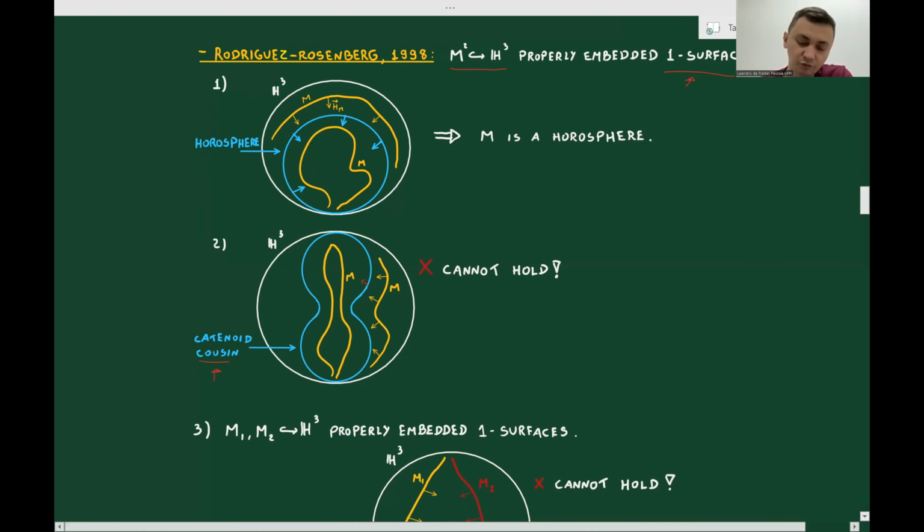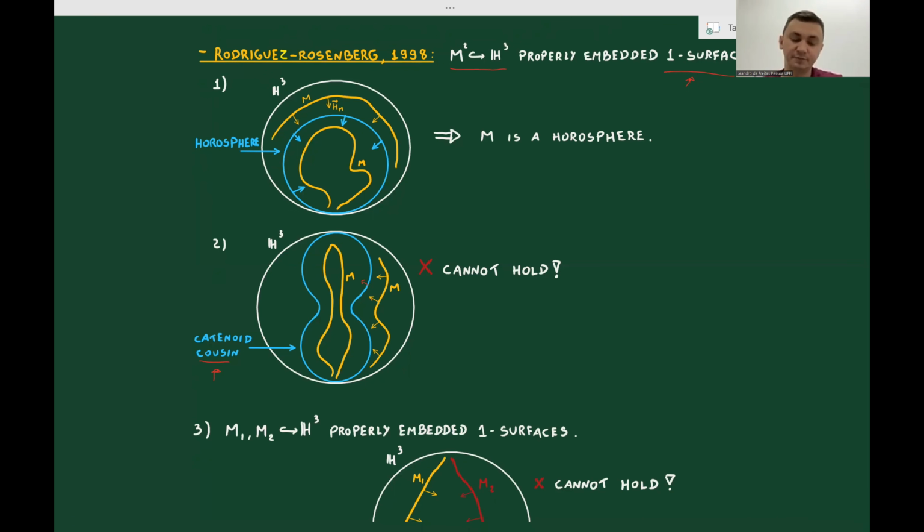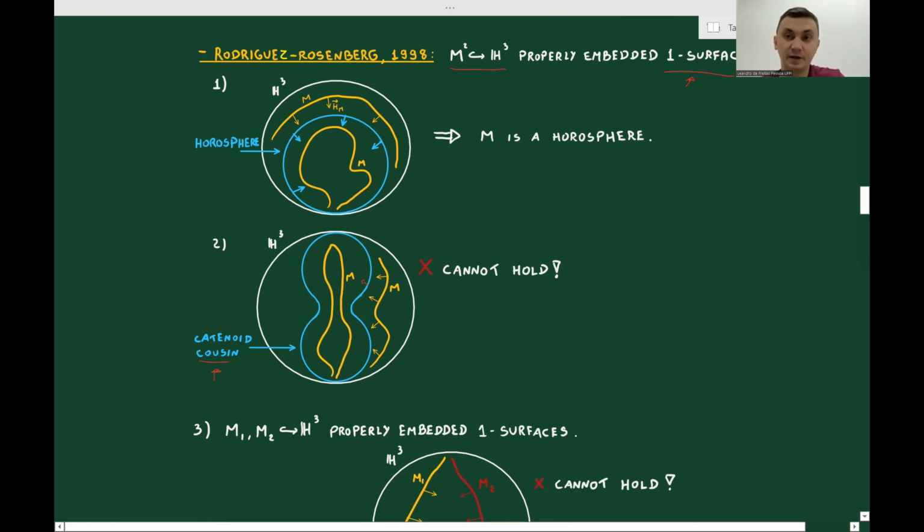And we also cannot have M in such a way that the catenoid cousin is inside the mean convex component defined by M. So in this case, we don't have this picture here.